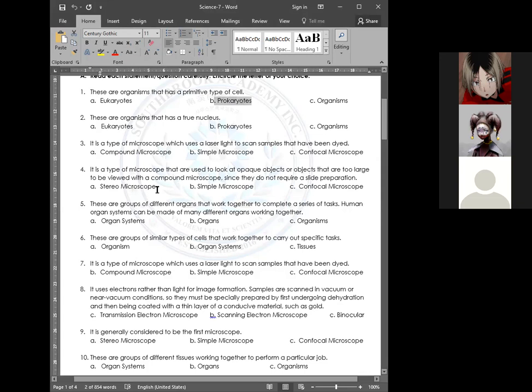Now, stereo microscopes are actually used in repair shops, in cell phone repair shops. They're using stereo microscopes, so they do not require slide preparation in order to view smaller objects or specimens. These are a group of different organisms that work together to complete a series of tasks. Human organ system can be made of many different organs working together.